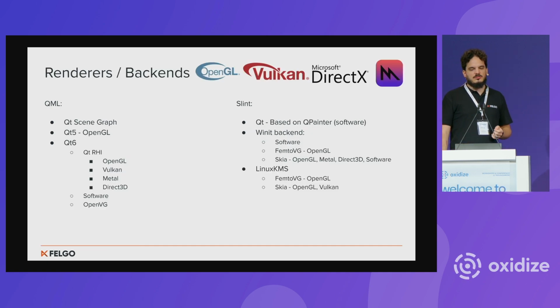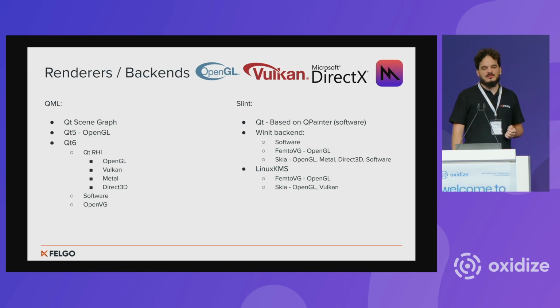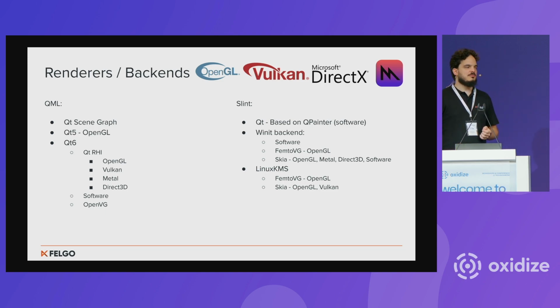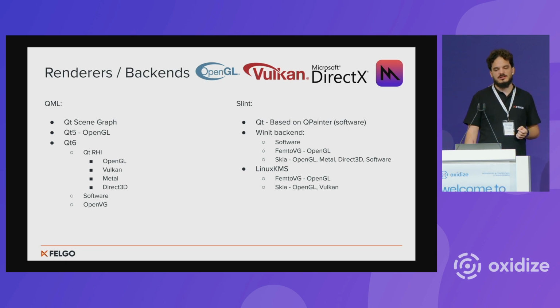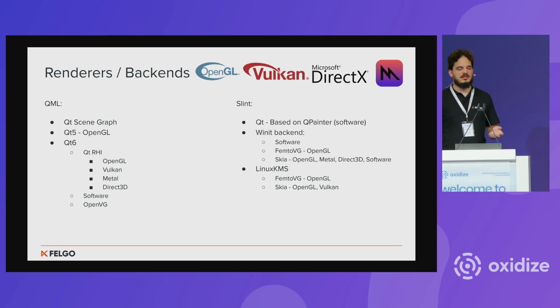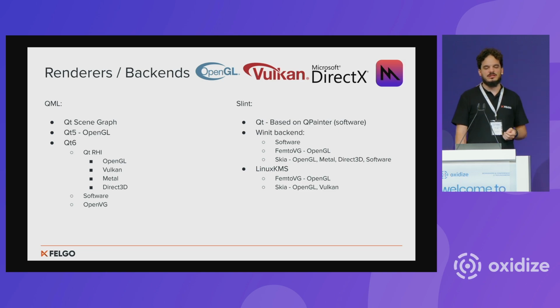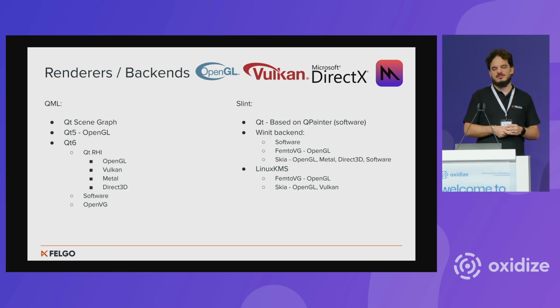As for renderers and backends, QML supports most of them. So you have this Qt Rendering Hardware Interface that will actually render the graphics to either OpenGL, Vulkan, Metal, or Direct3D, or you have software rendering and OpenVG.